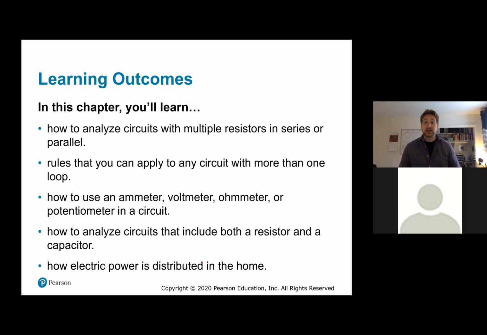We've got this phenomenon whereby a source of EMF can create the flow of charge. And we've talked about how the flow of charge through a resistance dissipates power. We supply power with EMF.